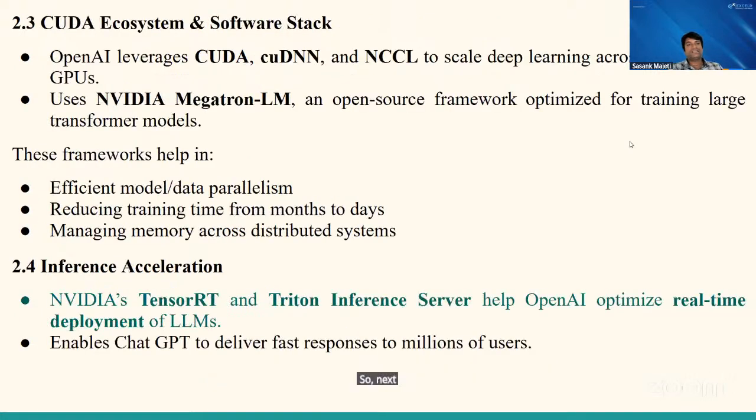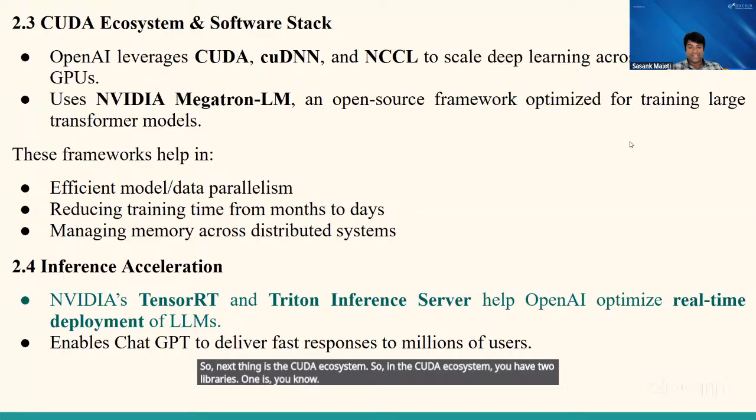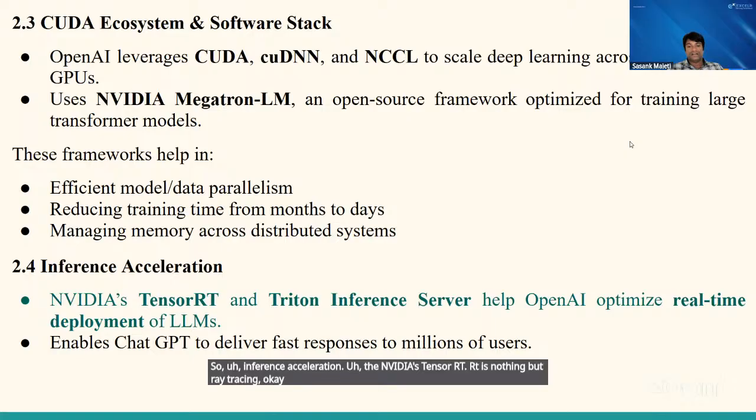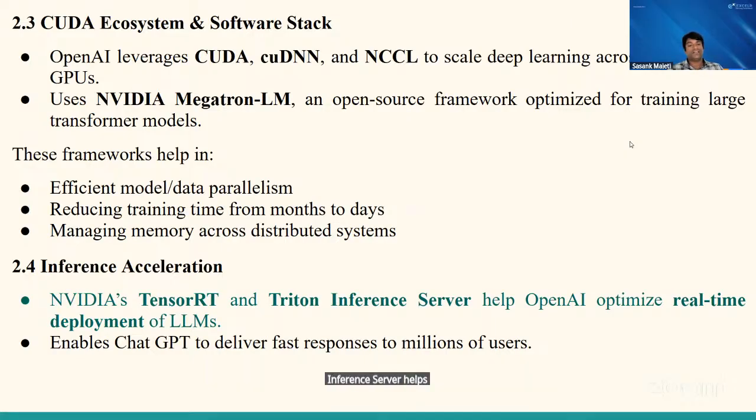So next thing is the CUDA ecosystem. In the CUDA ecosystem, you have libraries like cuDNN, which we have seen, and you also have Megatron, which powers language models. For inference acceleration, there is NVIDIA's TensorRT, and the Triton inference server helps OpenAI optimize real-time deployment of LLMs.